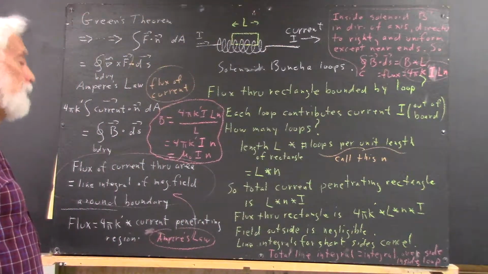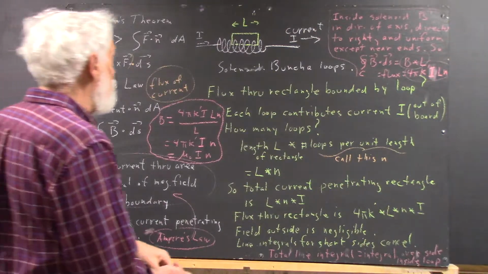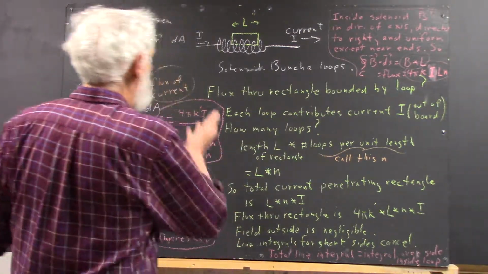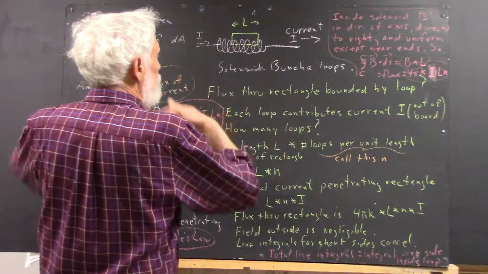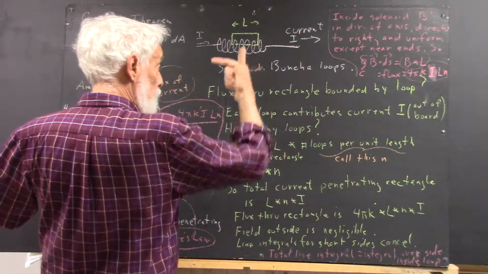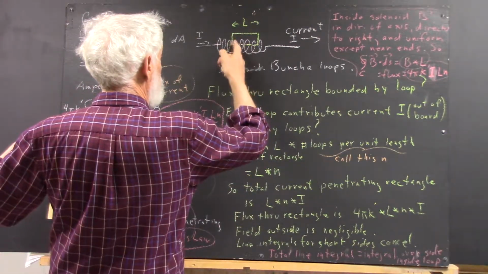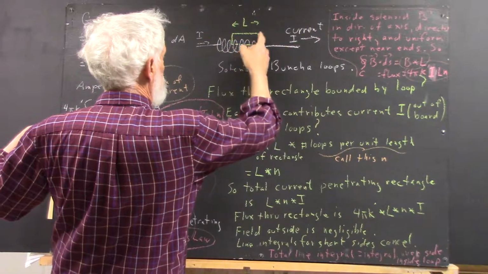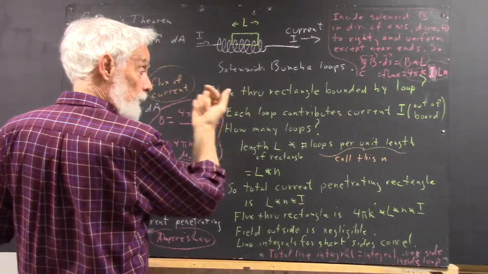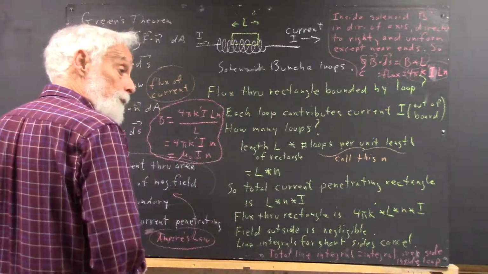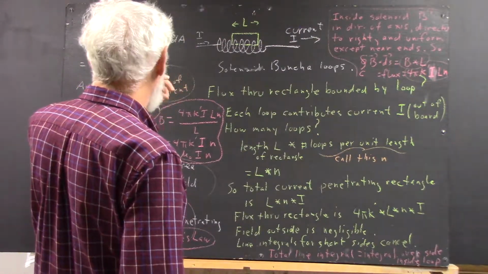Now the flux coming through here: the field being counterclockwise in any loop comes out at the top of the loop, and it's at the top of the loop where it penetrates this rectangle, coming out in this direction. So that's all compatible.